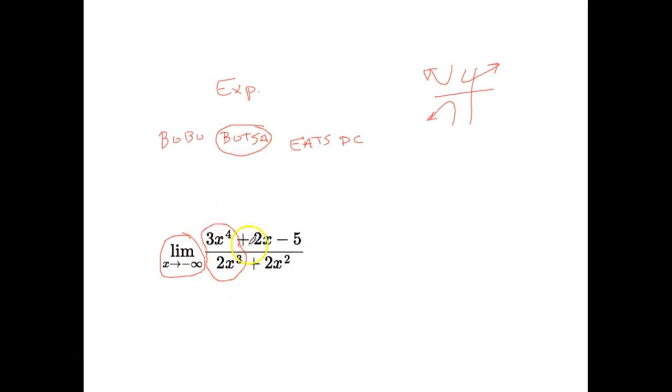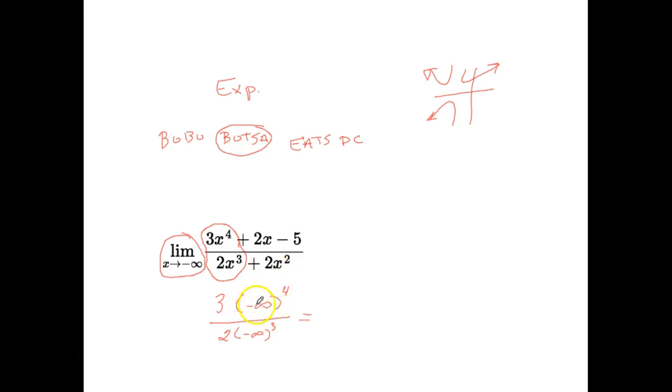So what you're going to do is take your two largest terms, plug that value in, and look at the sign to see if it goes up or down. So this is 3 negative infinity to the 4th power over 2 negative infinity to the 3rd power.